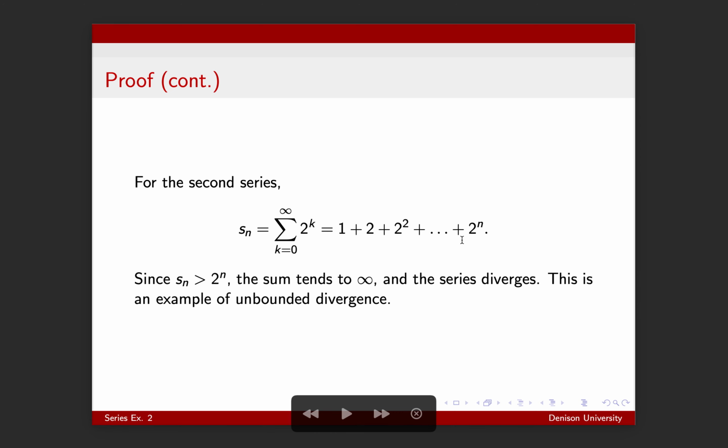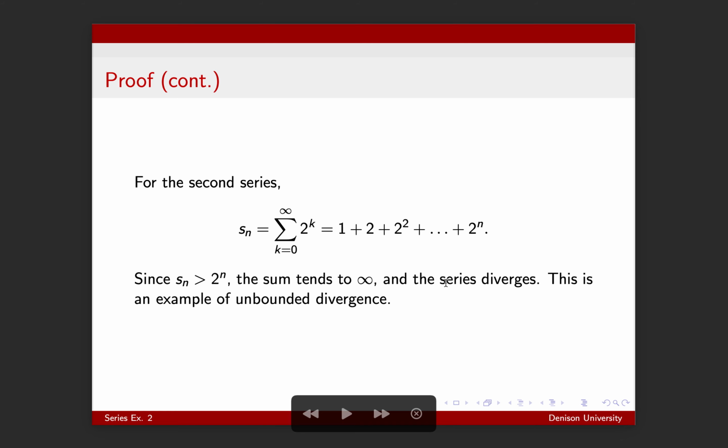So let's take a look at the limit of 2^n as n approaches infinity, which is infinity. This is just an exponential. It's always going to increase to infinity. So since S_n is greater than 2^n, and we know that 2^n tends to infinity, then S_n also must tend to infinity.